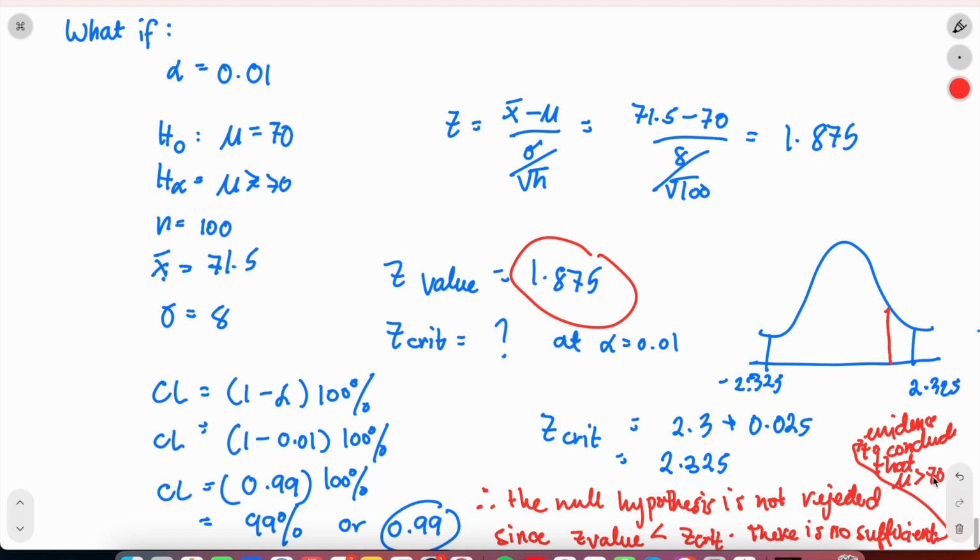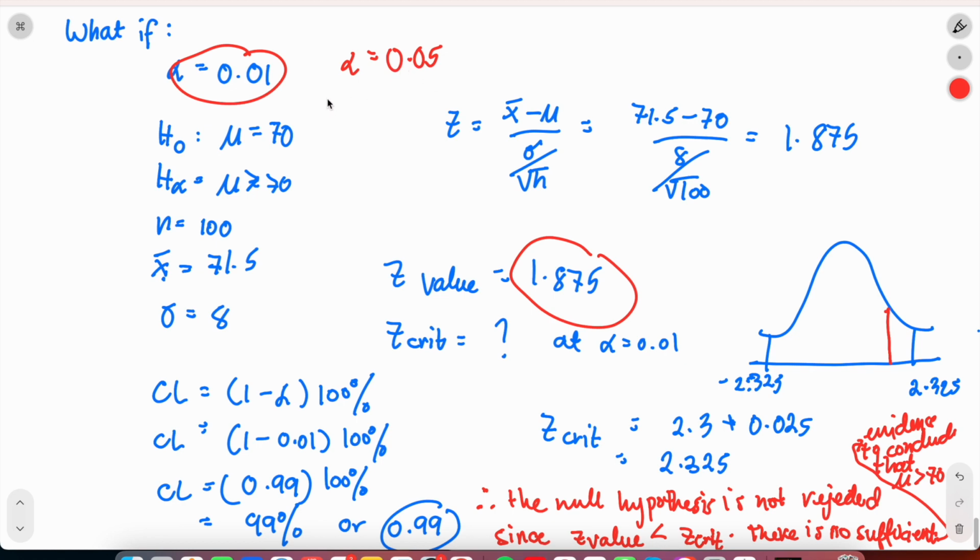So, actually, if you can recall, if this one is alpha equals 0.05, we can reject the null. But if we ask if you are 99% sure that mu is greater than 70, you can't say that. You can say it if 95% sure.